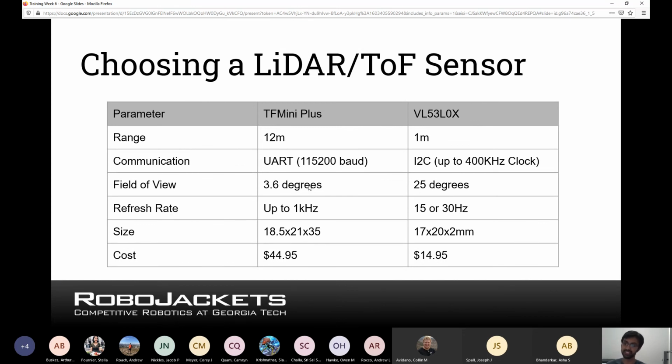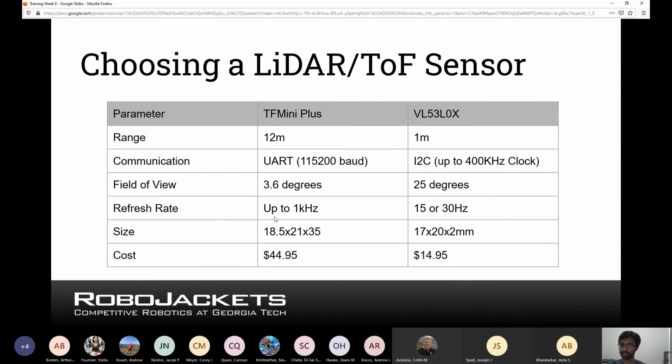So the farther away you get, the bigger that cone gets. And the VL53L0X, with its 25-degree field of view, means that when you're at the distance of the ring, which is about 1.5 meters, the opposing robot's not going to cause the sensor to trigger, so it's not going to detect.